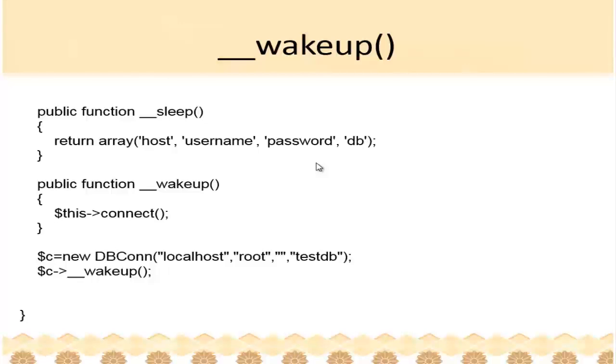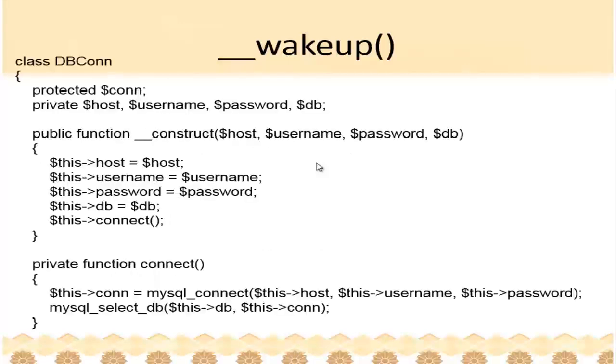Now, when you sleep or stream it, you want the host name, the username, the password, and which database it is. But when you serialize it, this connection is automatically closed. So when your object is serialized, the connection with the database is lost. The database will disconnect that object because it is no longer available.